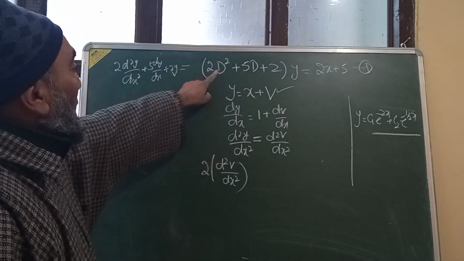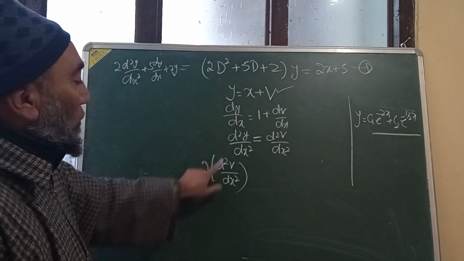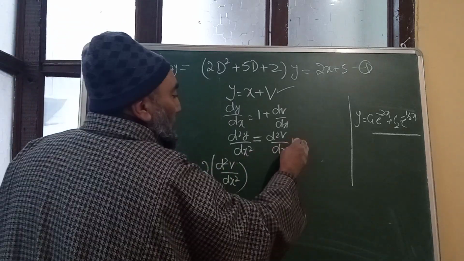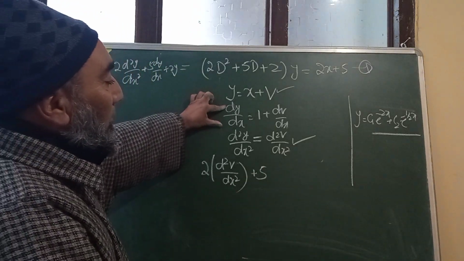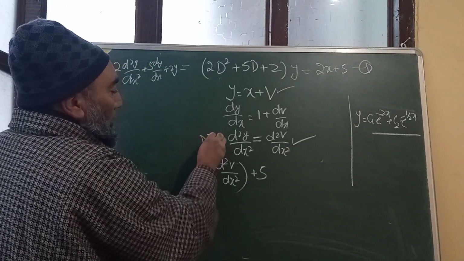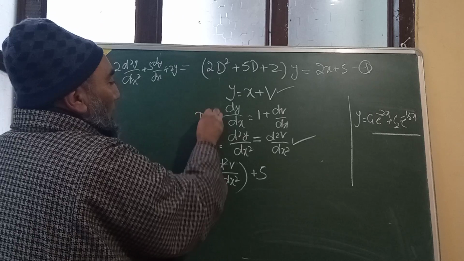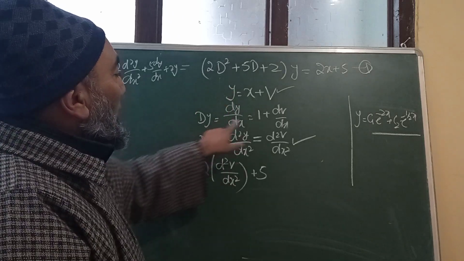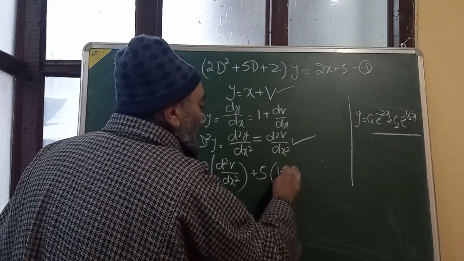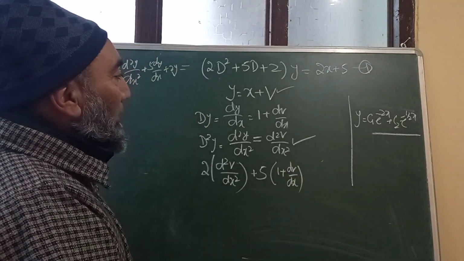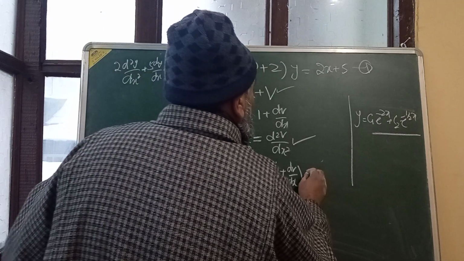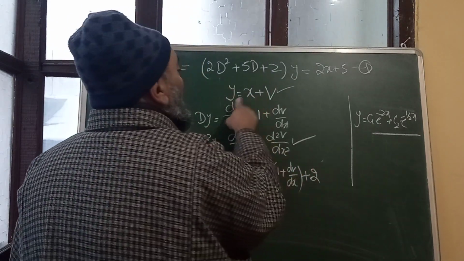This question is the same as this question. So 2d square is 2 d2v by dx2, because of this. Then you have 5d. See, this is d square of y, this is d of y, and this is y. d of y is 1 plus dv by dx. Then you have 2y, and your y is x plus v.